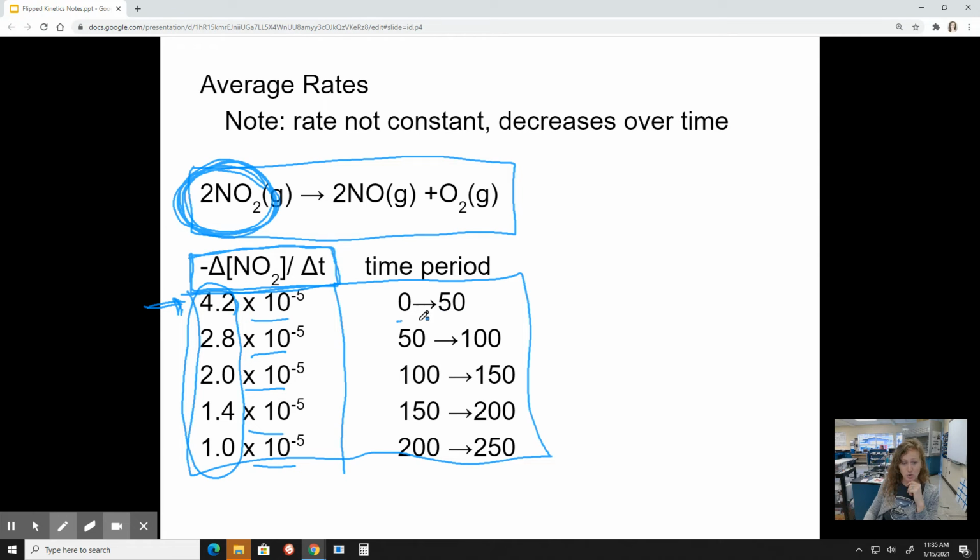Okay, so 4.2 in the beginning, 2.8, 2.0, 1.4, and by the last 50 seconds that are tracked, your rate is actually 1. So rate has significantly decreased as this reaction proceeds forward. Exactly what we saw on the last graph that we looked at.